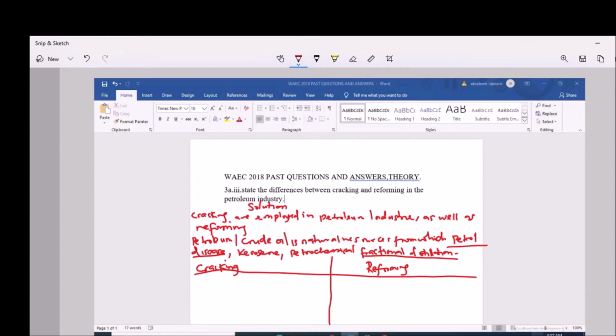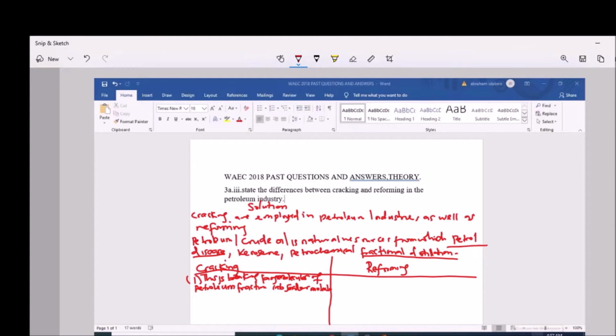Number one, for cracking, this is the breaking of large molecules of petroleum fraction into smaller molecules. This is what we have in cracking.